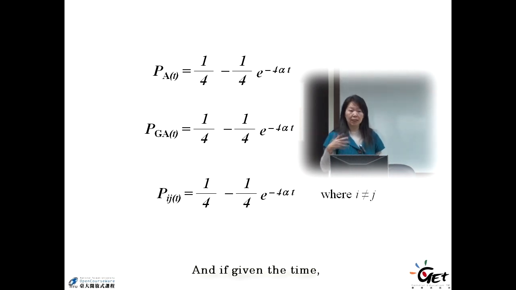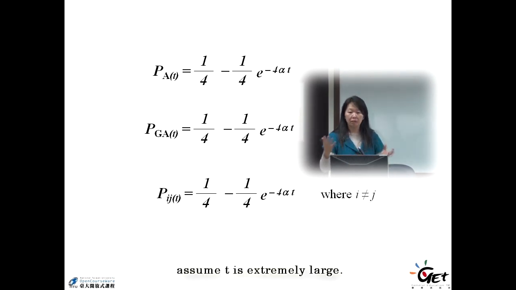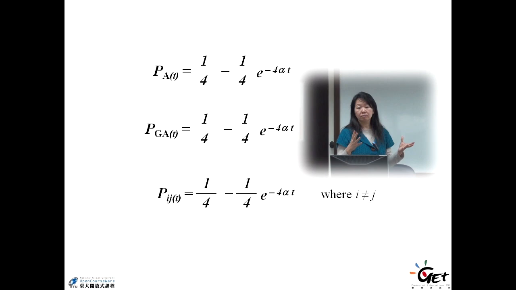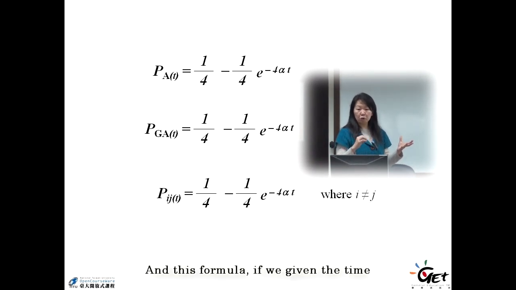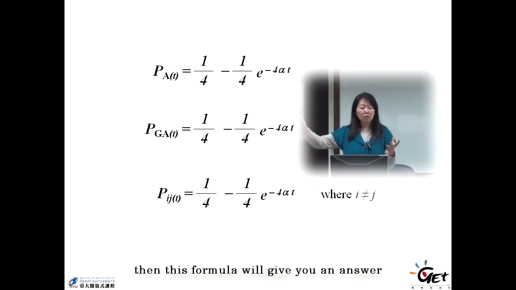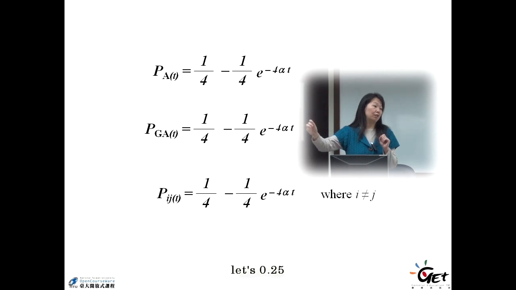If the time is very, very long, so assume T is extremely large, then in that case the second part will be very, very small, approximately 0. And if we take the time to infinity, this formula will give you an answer saying the probability will become a quarter, that's 0.25.